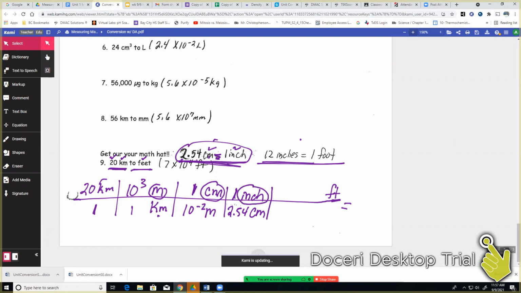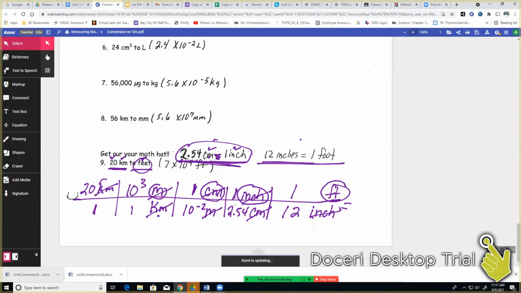Then I have inch here, so I have to have inch down here. How many inches in a foot? 12 inches in 1 foot. If we did it right, all of my units should cancel as I go from top to bottom. I'm left with just foot, which is what I wanted.